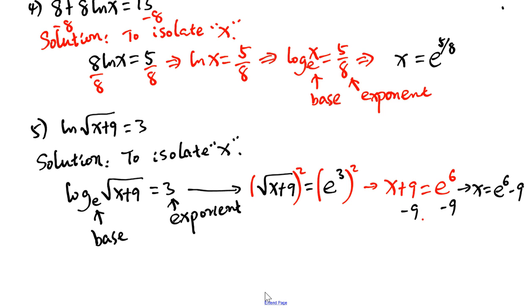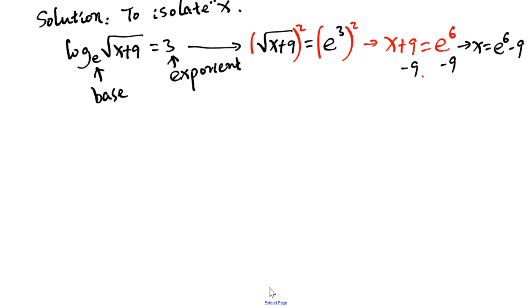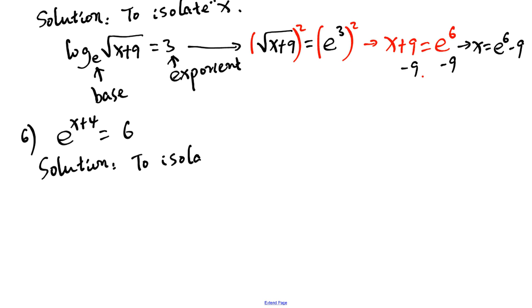Now let's look at the sixth example. We have e to the x plus 4 equals 6. How to isolate x?